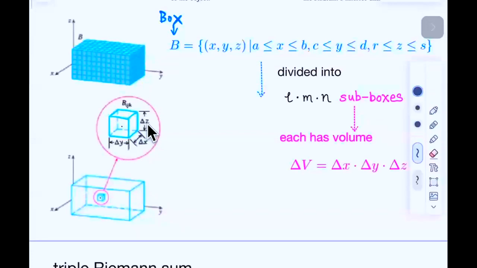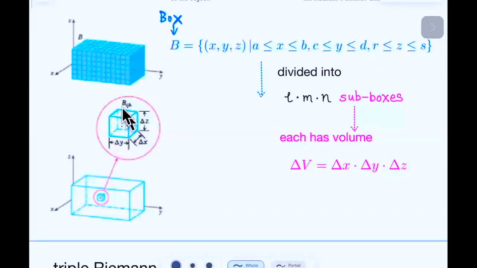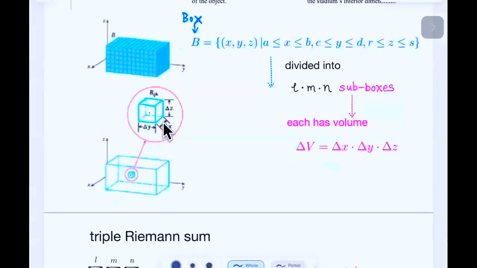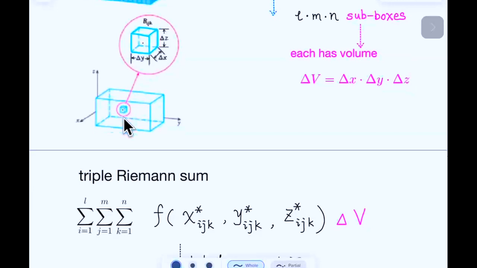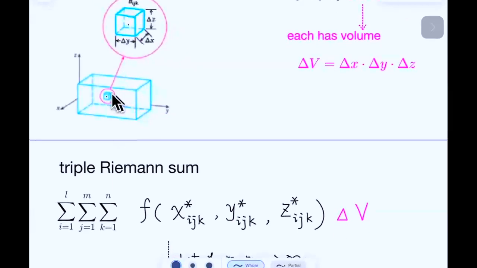Now for this subbox, we can approximate by picking a single point in this box, the point xijk star, yijk star, zijk star.